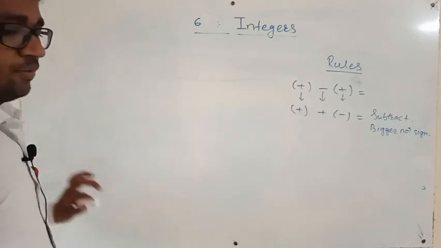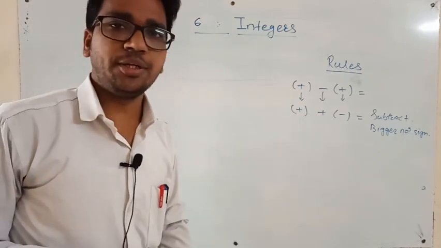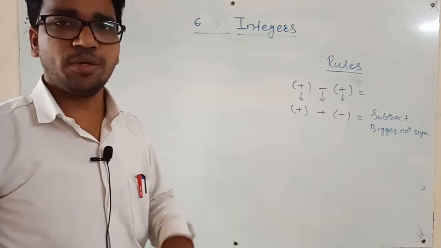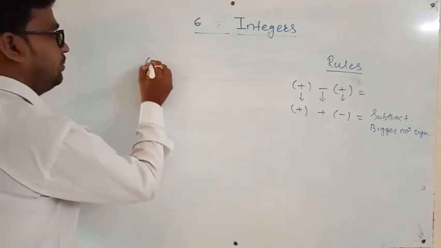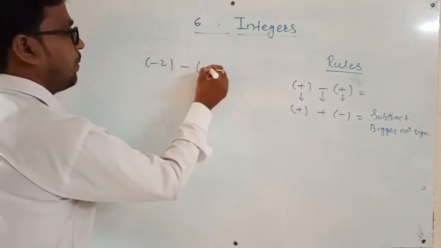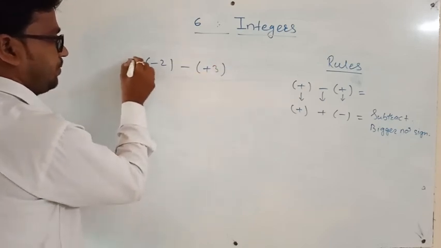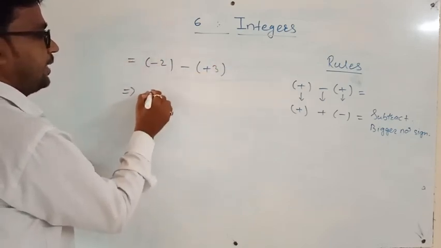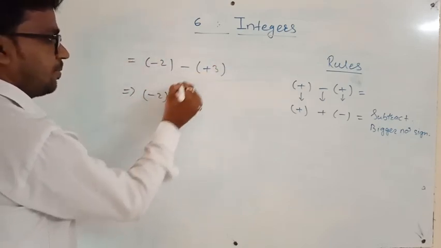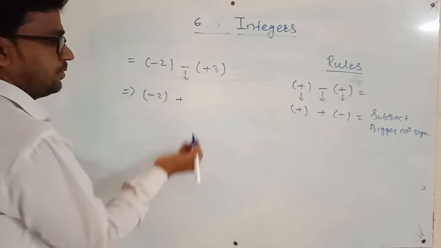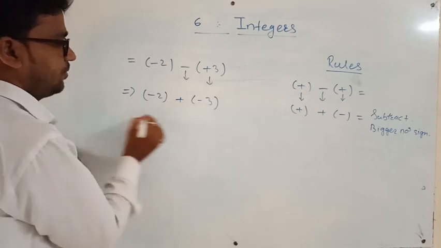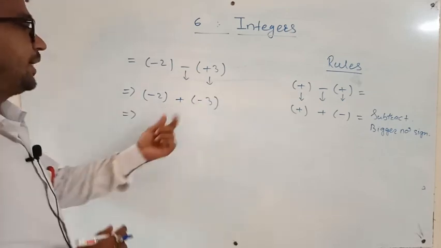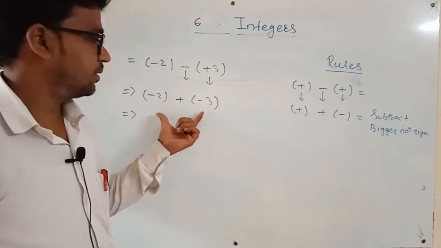Now if the first number is negative and another is positive, or the first number is positive and another is negative, then what to do? Same, negative 2 minus positive 3. Take negative 2 as it is. Here subtraction is there, we do the addition, and the additive inverse of positive 3 is negative 3. Now we get both the numbers negative here.